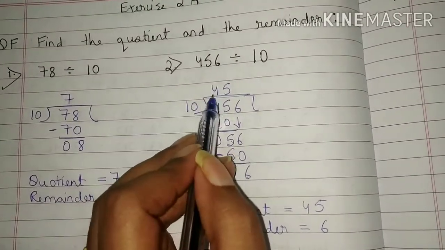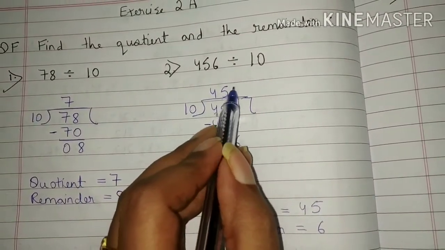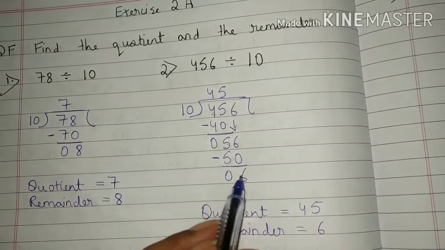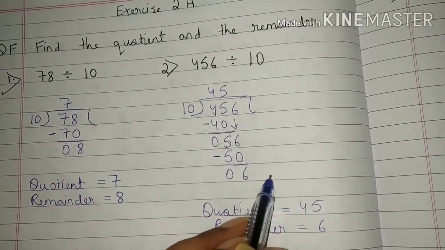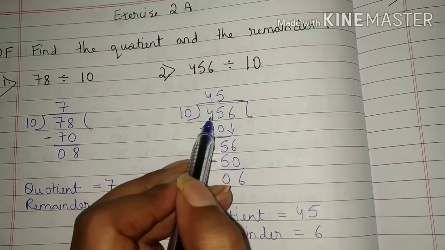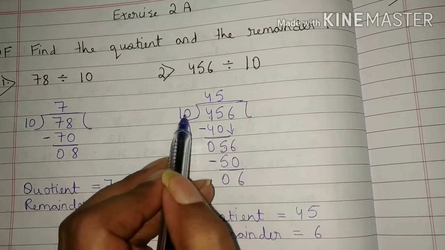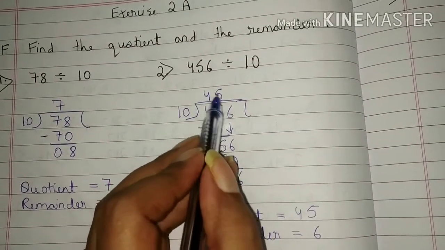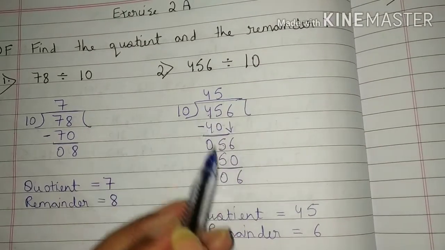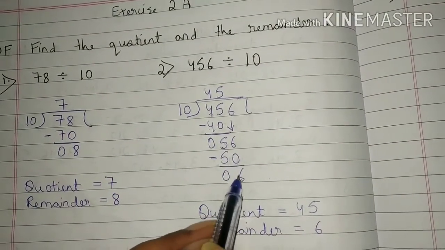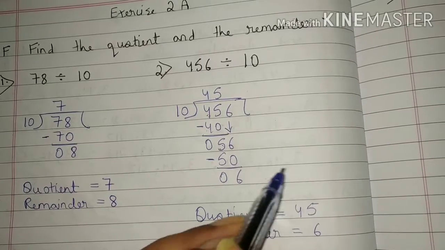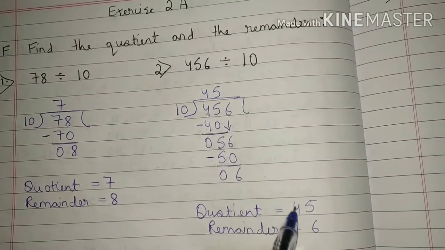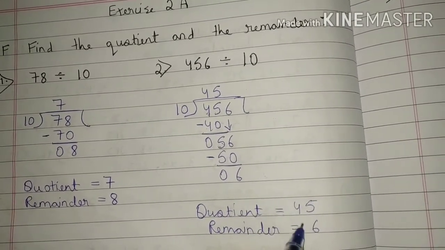Students, 45 is quotient, 6 is remainder. 456 divided by 10 will give 45 as quotient and 6 as remainder. So, quotient is 45, remainder is 6.